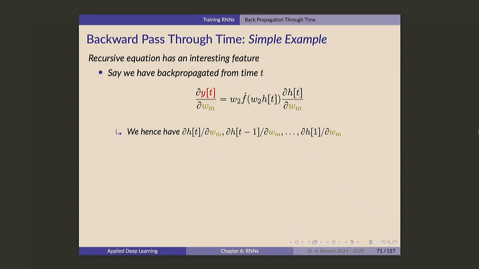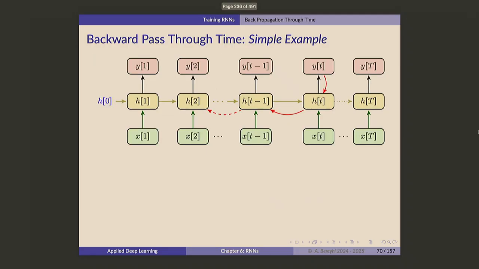That is the longest path you're going to have, correct? Just look at this guy. If I compute the gradient at the very last hidden state, then I need to know the gradient of all previous guys, right? To be able to compute it, correct? Yes?